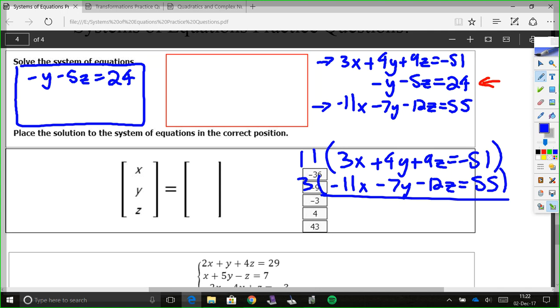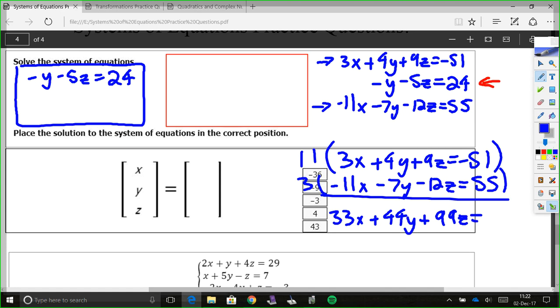Now I did that because that's going to make 33x on top and negative 33x on bottom, so when I add them, they'll be able to cancel each other out. So let's multiply the top equation by 11. That would give me 11 times 3 would be 33x. 11 times 4 would be 44y. 11 times 9 would be 99z.